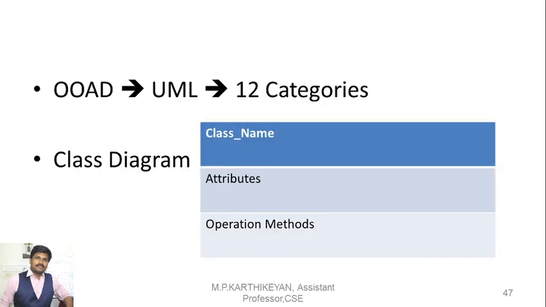Yes, and these object-oriented databases have some advantages and disadvantages also. I'll tell you about them, and how we implement inheritance in a class diagram.